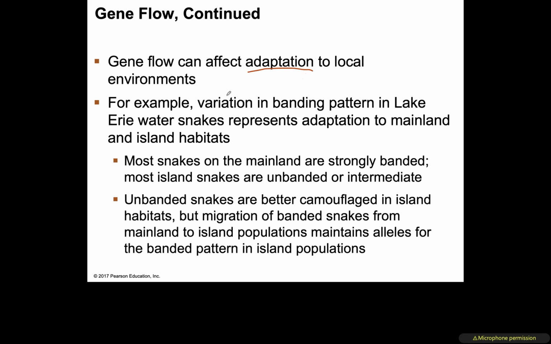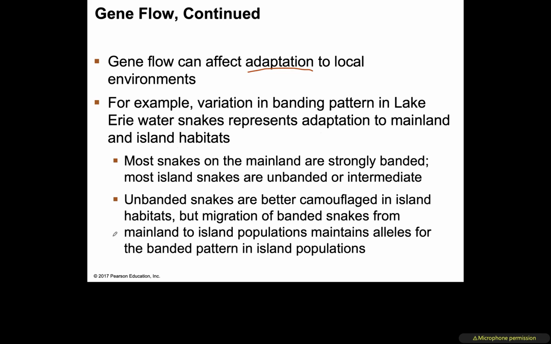So, for example, the banding pattern in Lake Erie water snakes represents an adaptation to the mainland and the island habitats. Most of your snakes on the mainland are going to be very strongly banded. Most of your island snakes do not have bands, or they might have smaller bands, less of them.